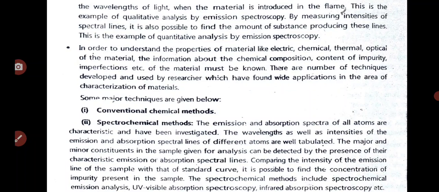The major and minor constituents are detected by the presence of their characteristic emission and absorption lines. By comparing the intensity of the emission line of the sample with a standard curve, it is possible to find the concentration of the impurity present in the sample. The spectrochemical method includes spectrochemical emission analysis, UV visible absorption spectroscopy, and infrared absorption spectroscopy.